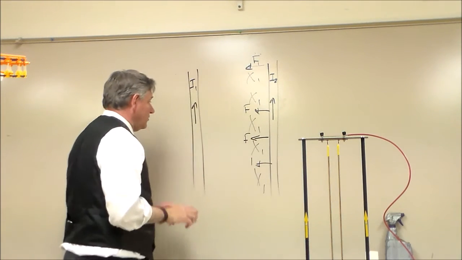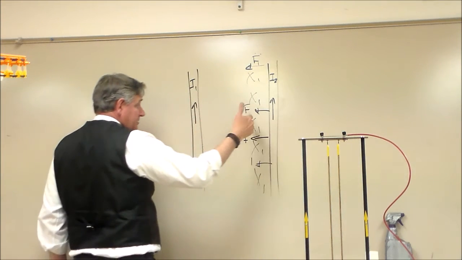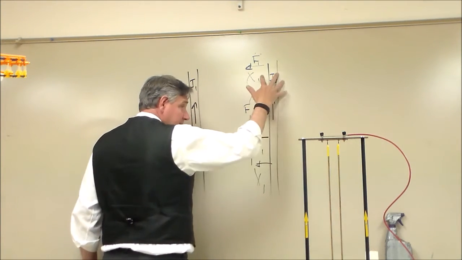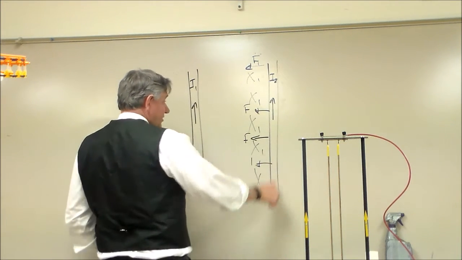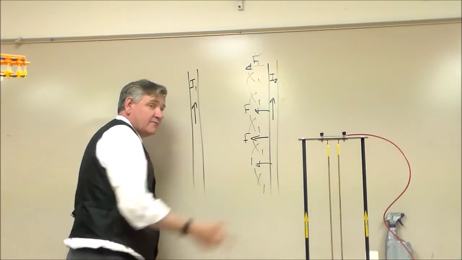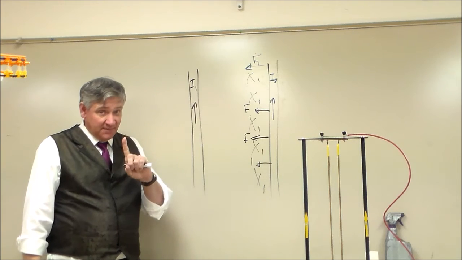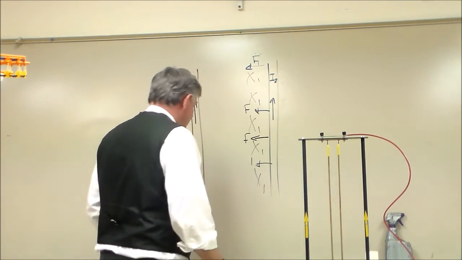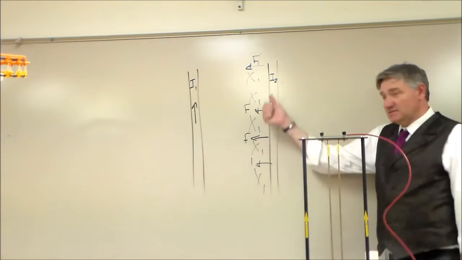You're creating a magnetic field going into that page. Then you do the second right-hand rule. Current goes up, magnetic field goes in, force goes this way. Got that? Okay. Now, this current is going this way.